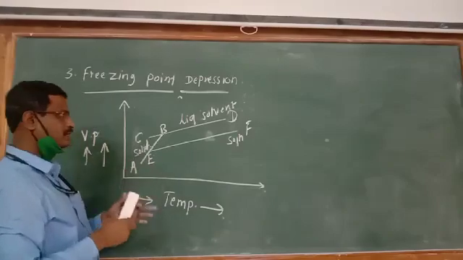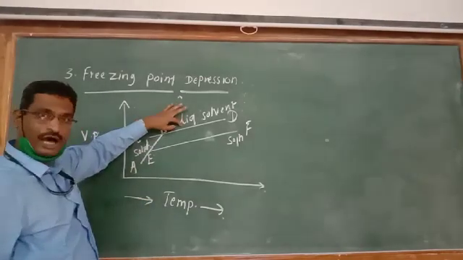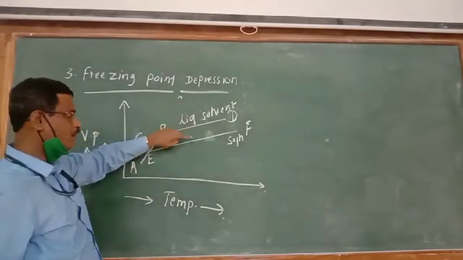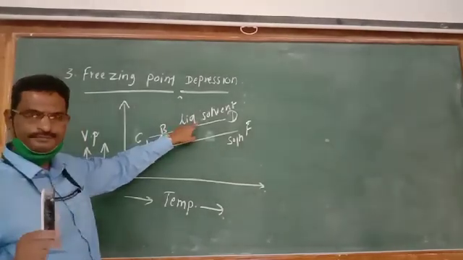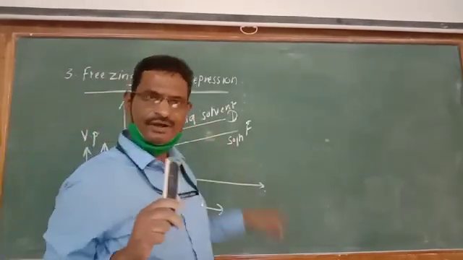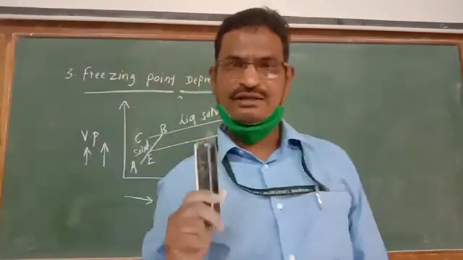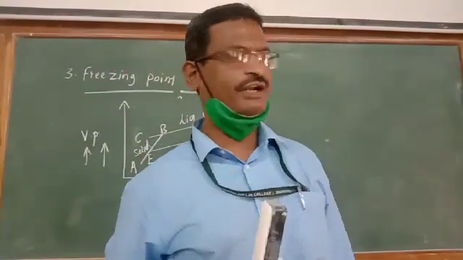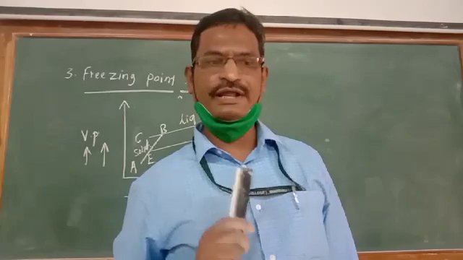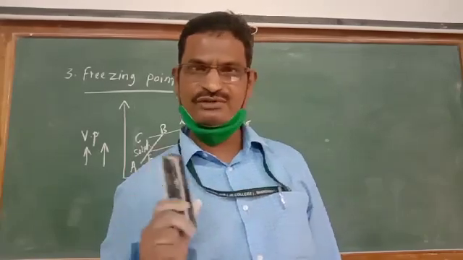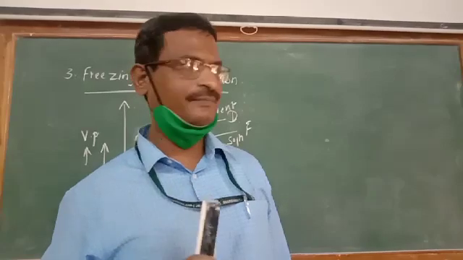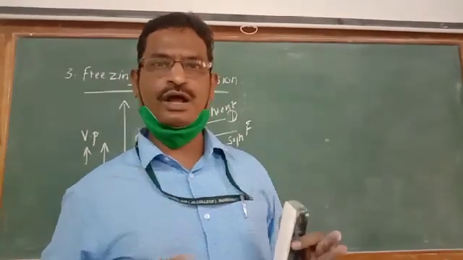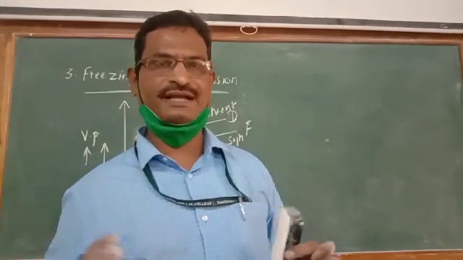At any temperature, we know that the vapor pressure of solution is less than solvent. Why is the vapor pressure of solvent greater than solution? That also we have studied in the first colligative property, that is lowering of vapor pressure. There we have studied the reason. What is the reason? If we consider the pure solvent and solution, there is a difference.